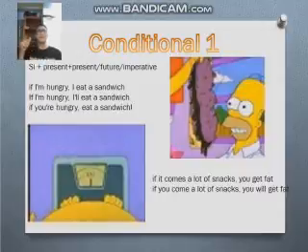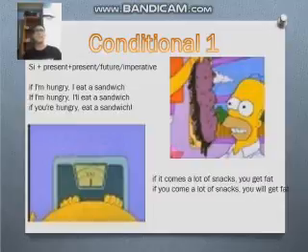If plus present simple, will plus infinitive. Example: if your wife washes dishes, I'll clean the living room. If she asks me, I'll help her. If you marry him, he'll be very happy.